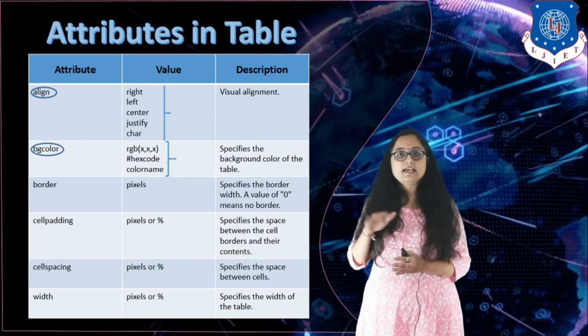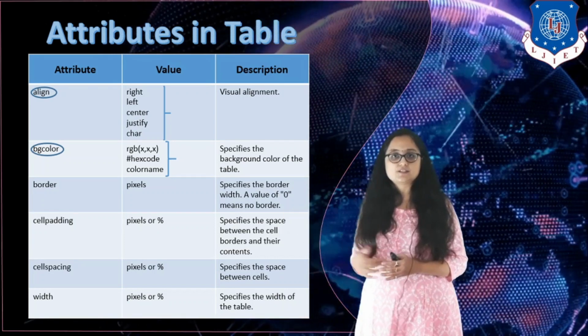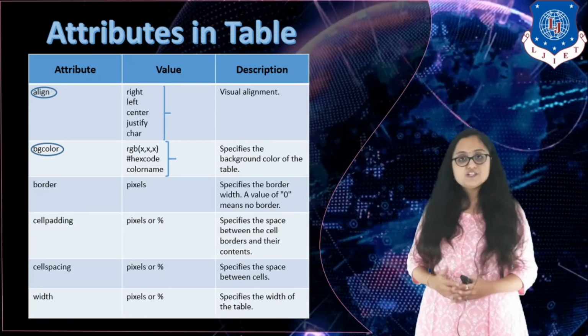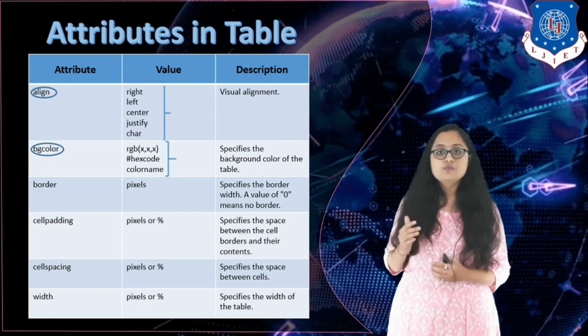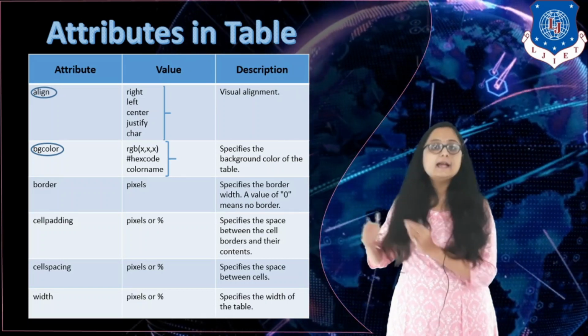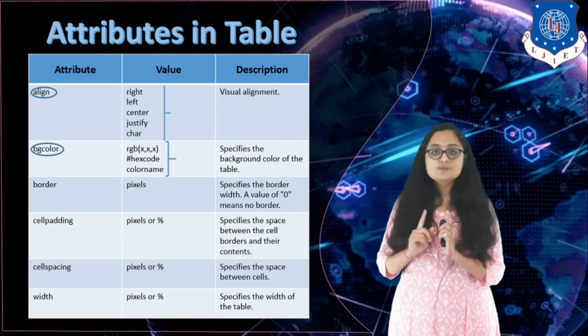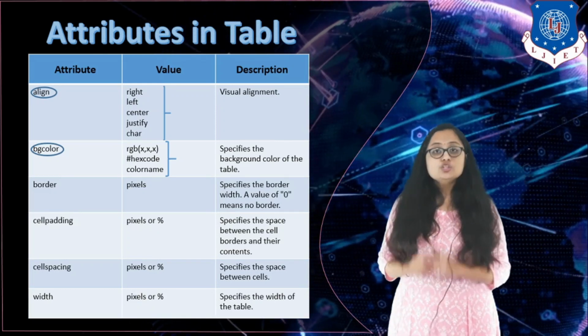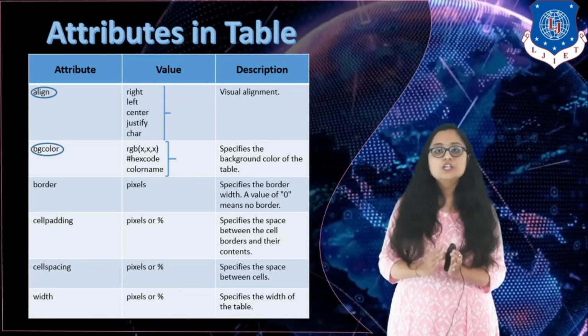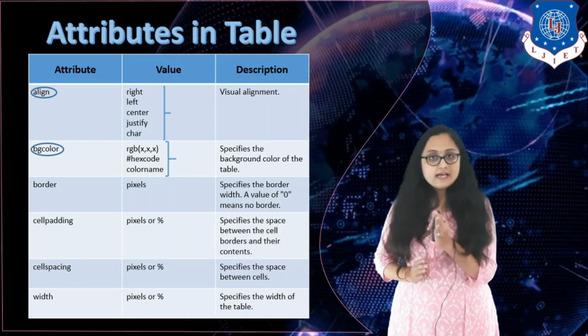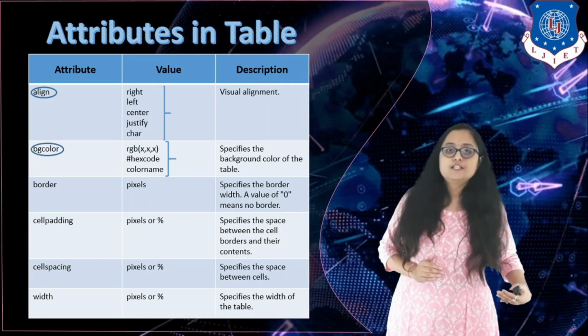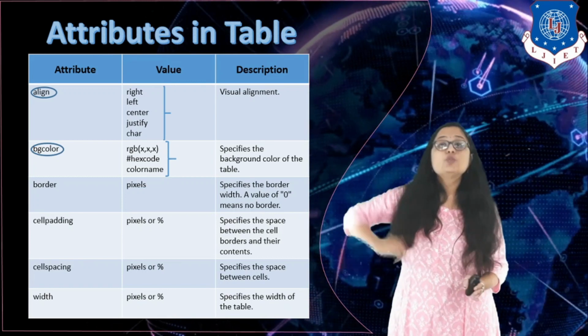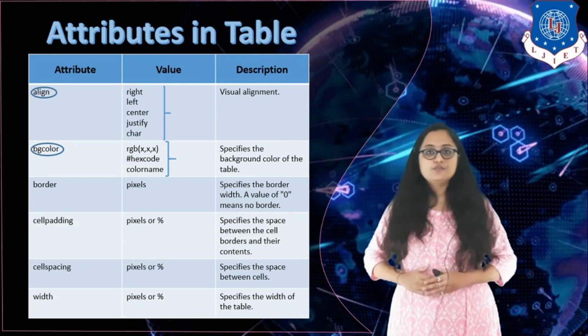Inside it is written X, X, X. So this 3X specifies the intensity of red, green and blue. So the first X specifies the intensity for red. You have to write the value between 0 to 255, where 0 means zero intensity of red, you do not want red, and 255 is the highest intensity of red.